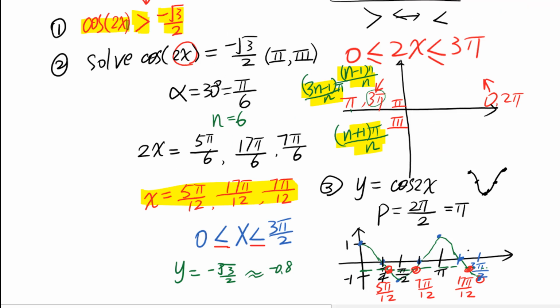Cosine 2x greater than negative square root of 3 over 2 means above the line y equals negative square root of 3 over 2. This line is y equals negative square root of 3 over 2. Above will be this part.